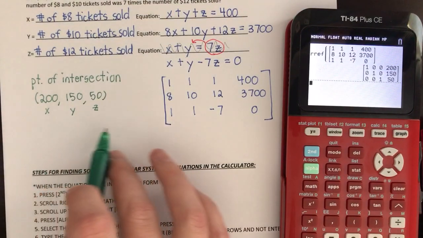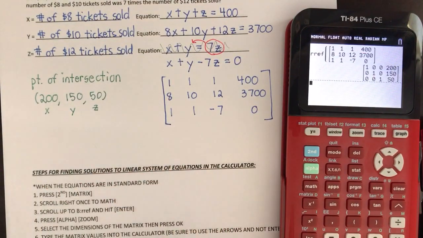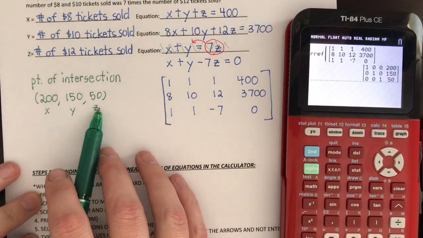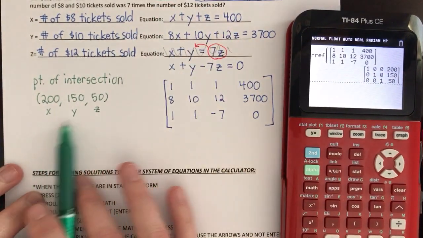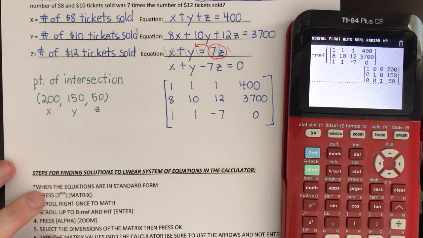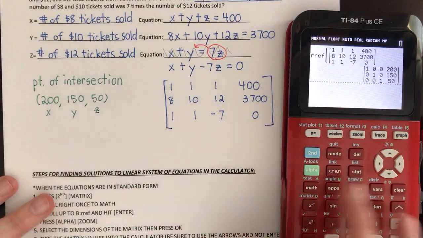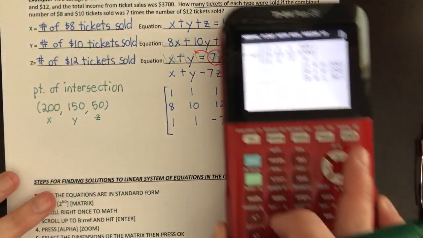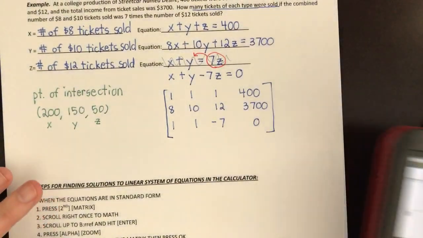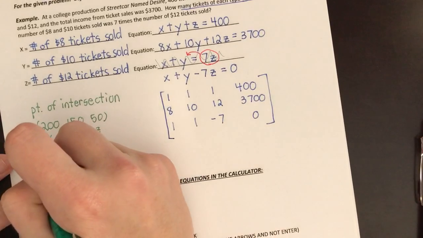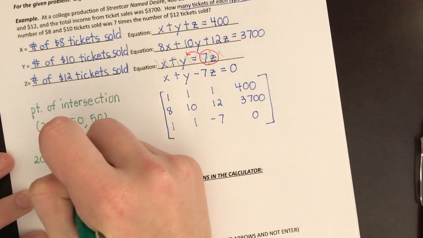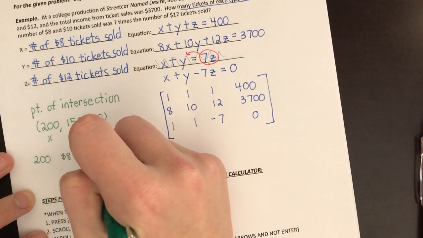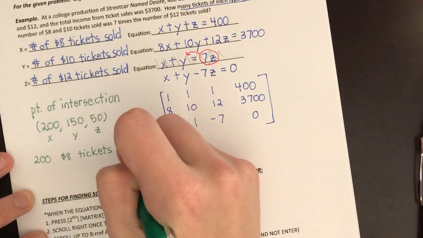So what I would never want you to do is leave your answer like this. What I want you to understand, this represents the point of intersection, just like we did on the Apps Day 1. Okay, so we didn't leave our answer on the Apps Day 1 as just a point of intersection. You take that point and then you give your answer. So the question was, how many tickets of each type were sold? So then you would say 200 $8 tickets sold.